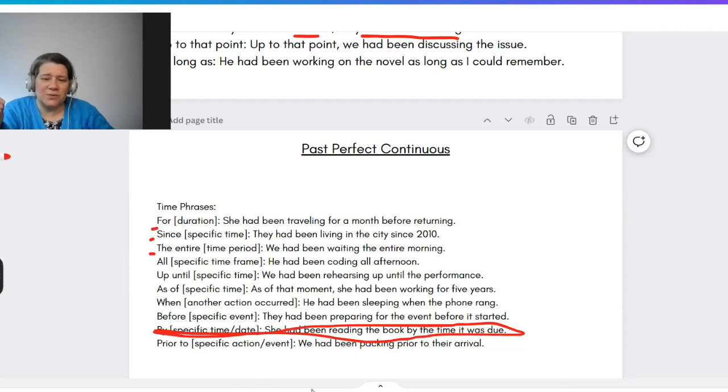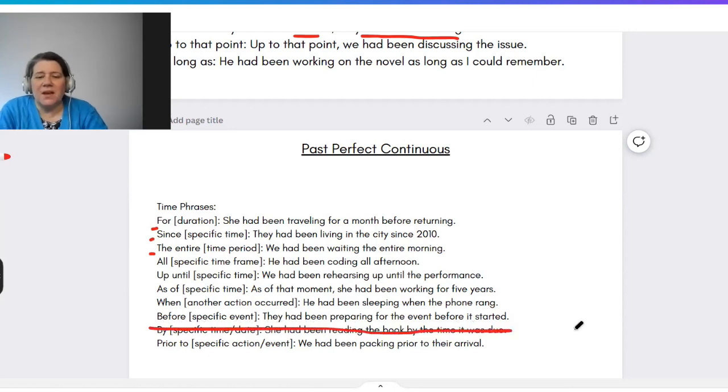So prior to, we had been packing prior to their arrival. I don't like this sentence at all. So we take it out. But we had been packing prior to their arrival.